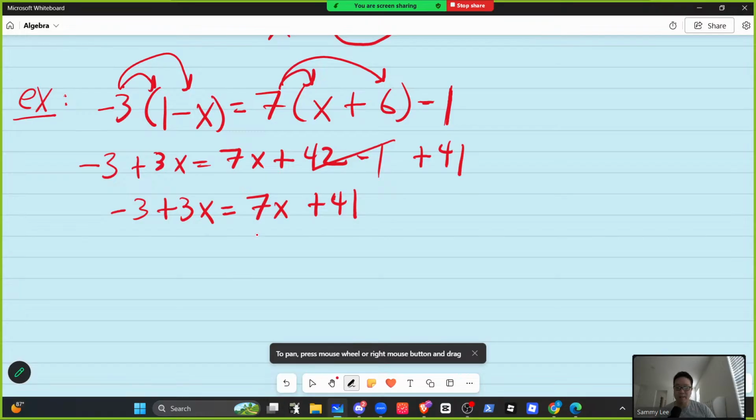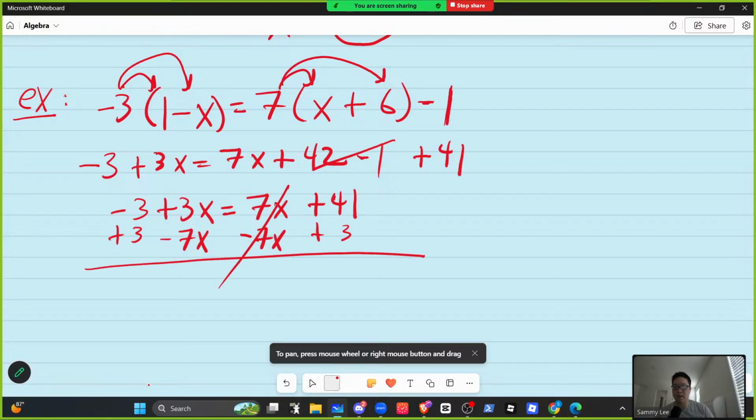I want my x's on the left side, so I'm going to subtract 7x on both sides. And then I want my negative 3 to go to the other side, so I'm going to add 3 to both sides. And when we do that, the 7s cancel out, the 3s cancel out. On the left, we have positive 3x and negative 7x. That's going to give us negative 4x equals 41 plus 3, which is 44.